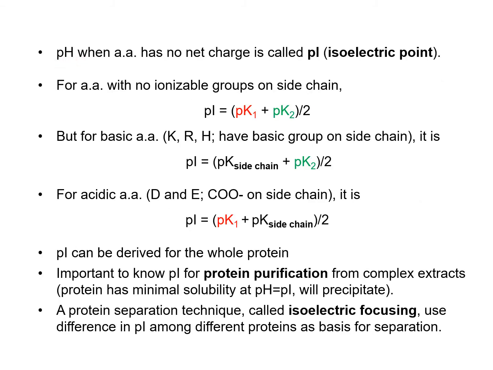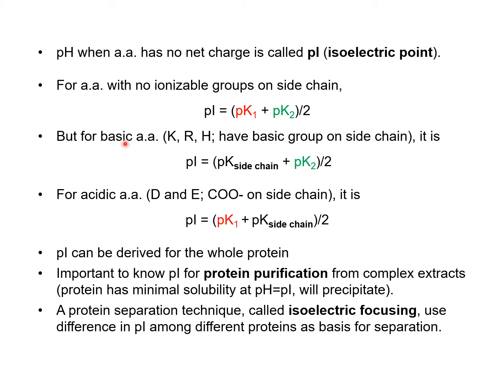The pH, when the amino acid has no net charge, is called pI, which stands for isoelectric point. And for amino acids with no ionizable groups on the side chains, such as glycine, the pI is the sum of two pK values divided by 2, so you get the average of the pK values.